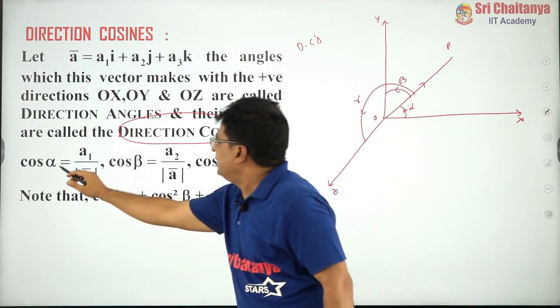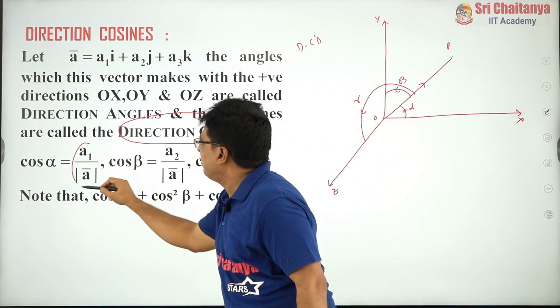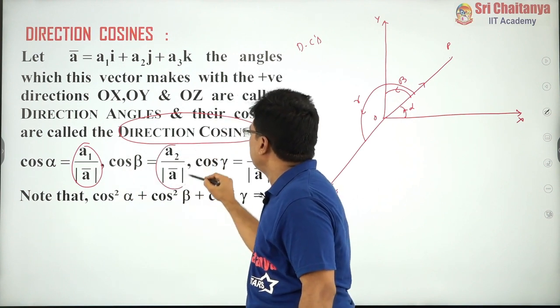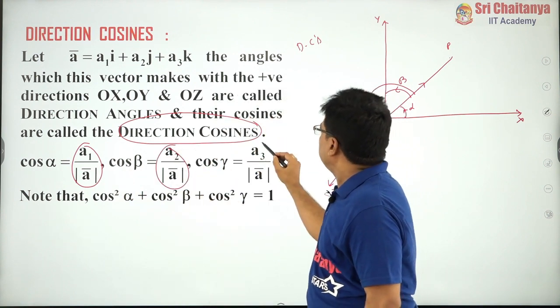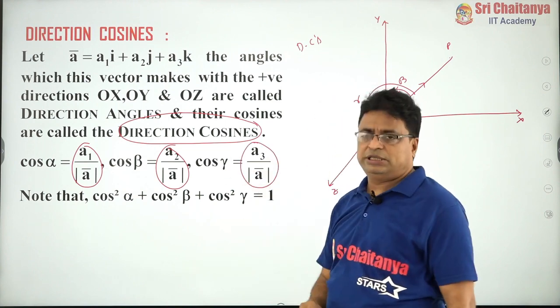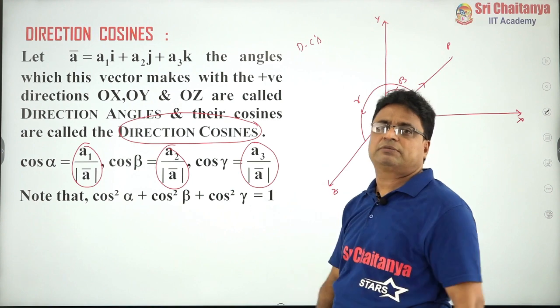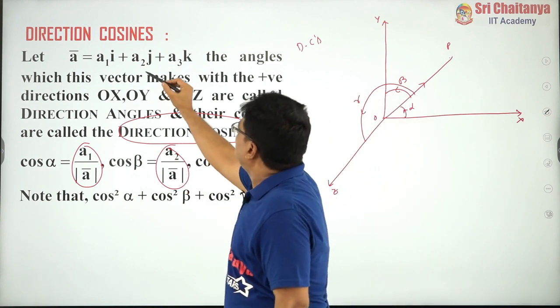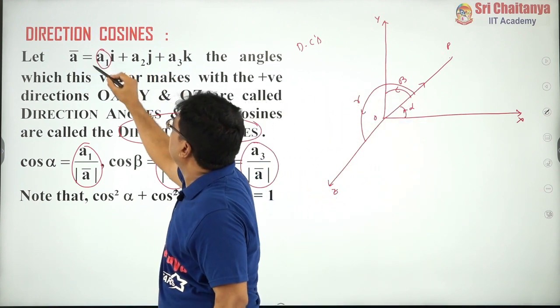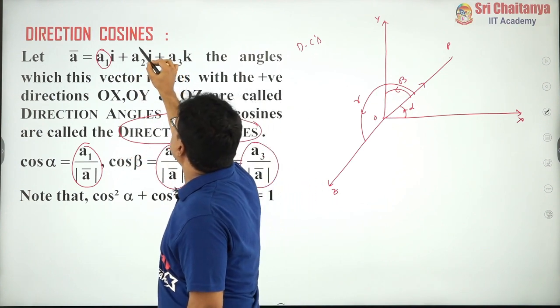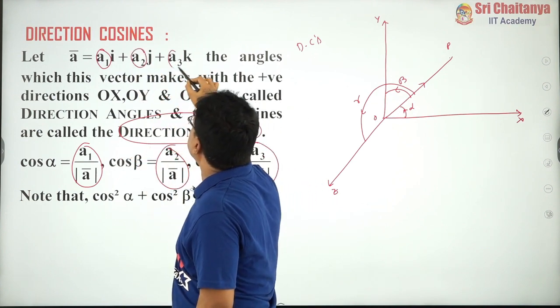Here cos alpha is a1 by mod a bar, cos beta is equal to a2 by mod a bar, cos gamma is equal to a3 by mod a bar. What is mod a bar? The magnitude of the vector a bar. This is the i component, this is the j component, this is the k component.